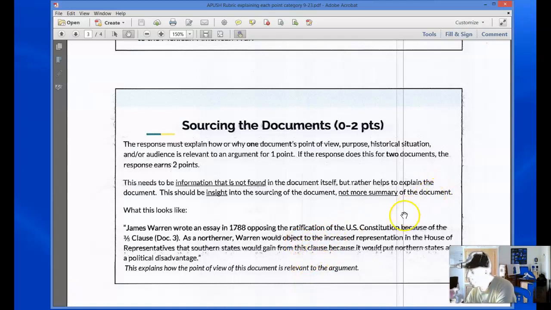All right, we don't have to be real specific, just know that you have to source a couple documents and you'll get points. All you have to do is explain the purpose of them. Like I said, the point of view, the period of time in history, what was going on, things like that.